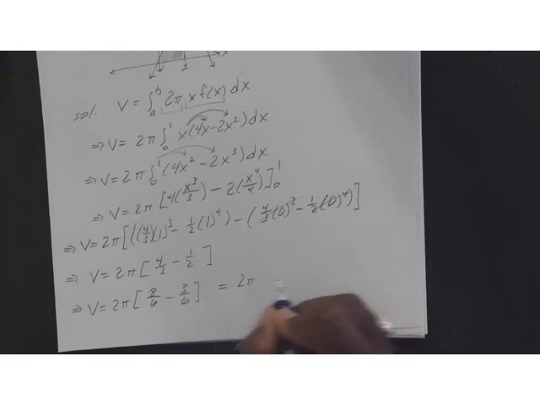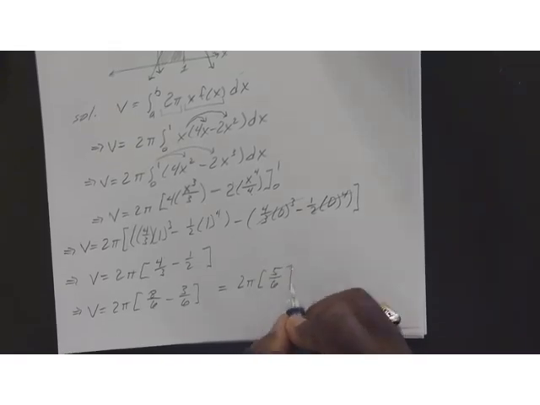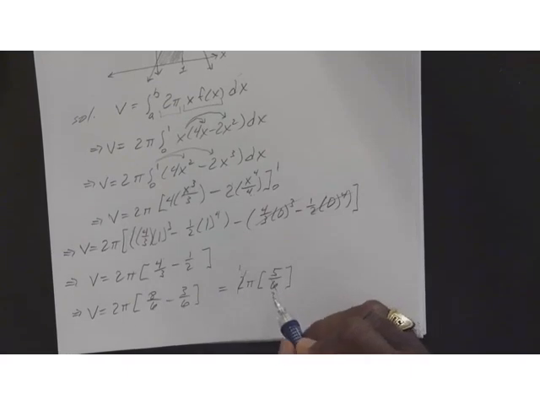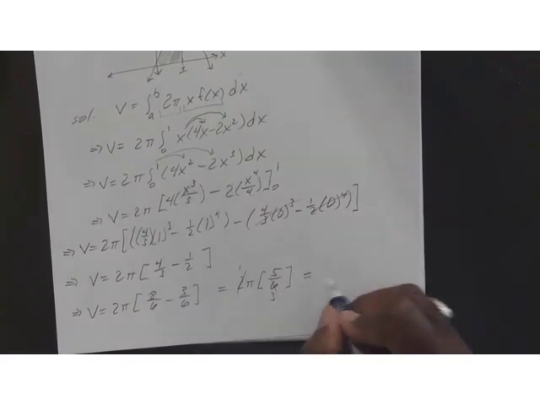We have 2 pi times 5 over 6. Well, we can simplify that. 2 goes into 2 once, and it goes into 6 3 times. So that leaves us with a volume of 5 pi over 3.